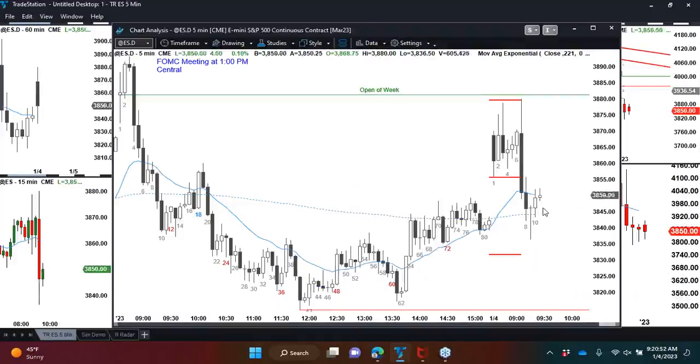So you can be short. However, the problem I have with the market is this to me looks overall like a trading range. And if it looks like a trading range, I want to be careful about swing trading.